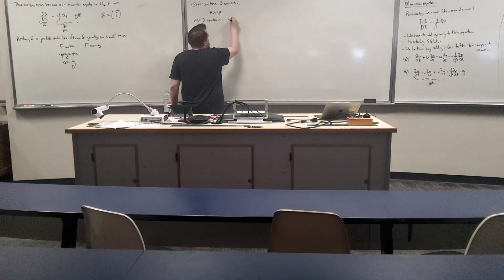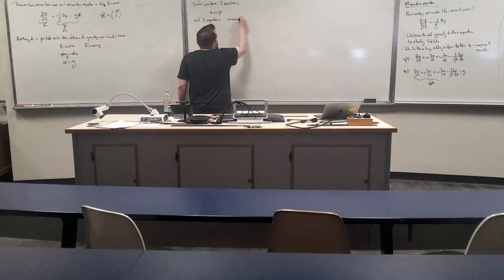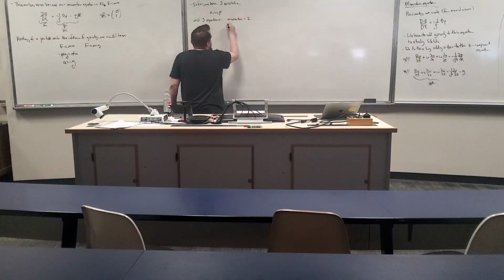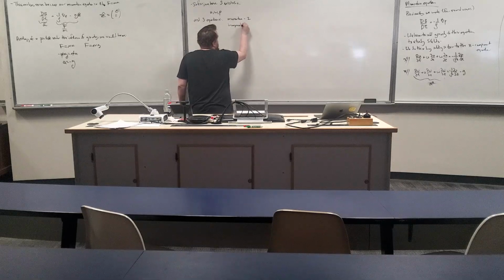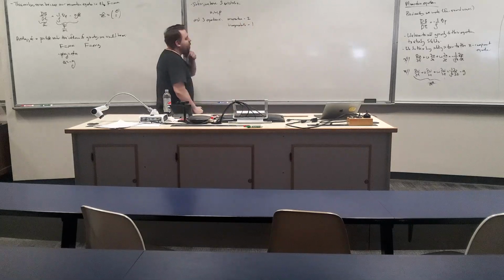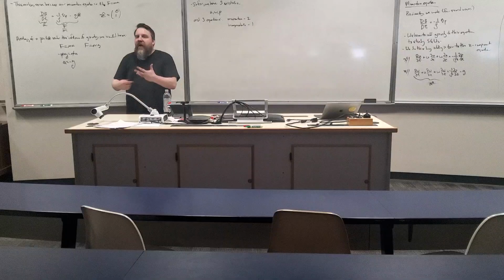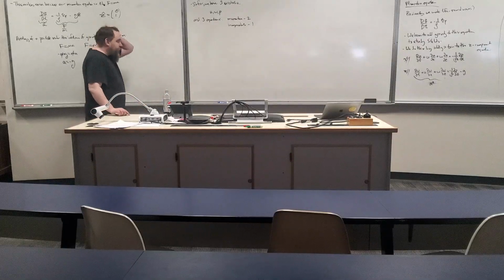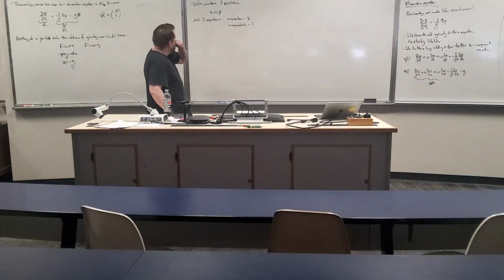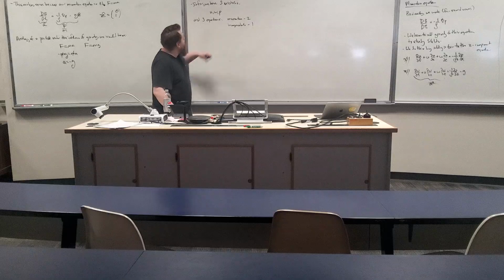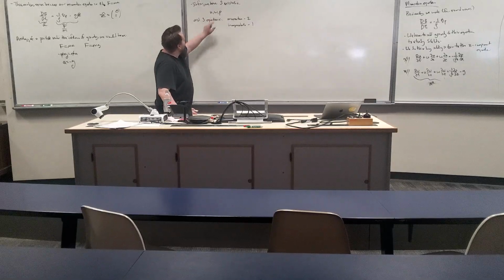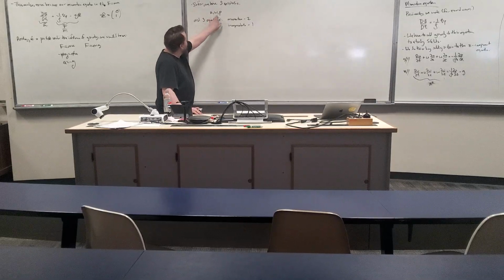We have momentum, which gives 2, and incompressibility, which gives 1. At the equation counting level, it seems like we're doing pretty well because we have the same number of equations, 2 momentum and 1 incompressibility, and 3 variables, u, w, and p.